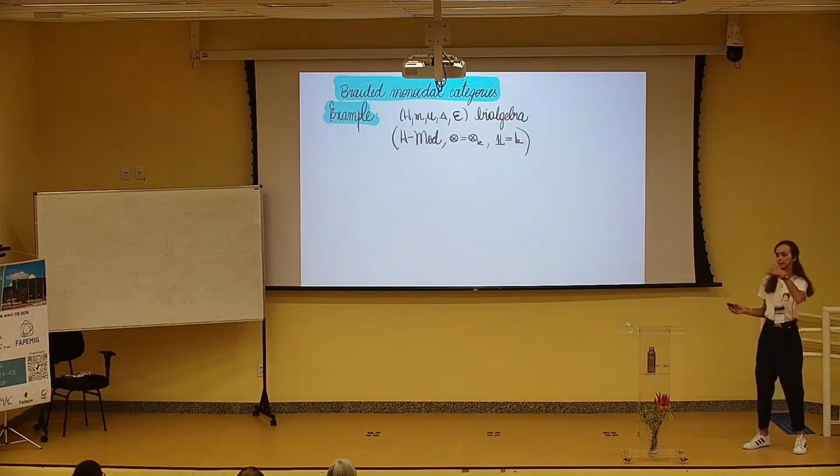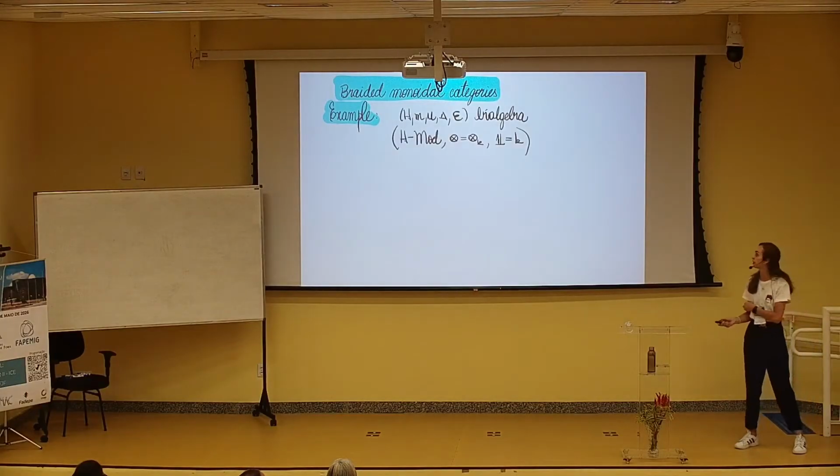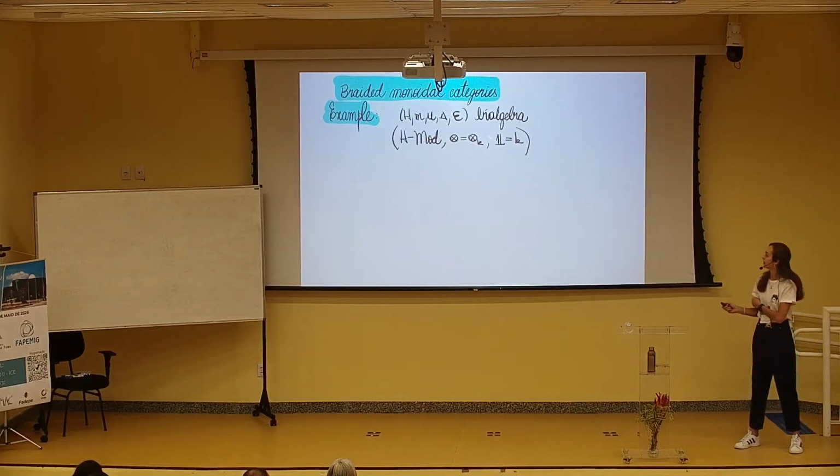So let's come back to our favorite example. You know that if you have a bialgebra, this is a monoidal category. So what are the braidings on that category?